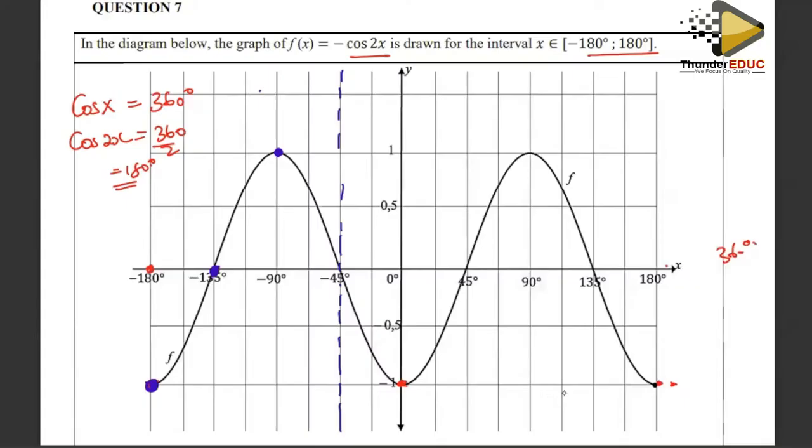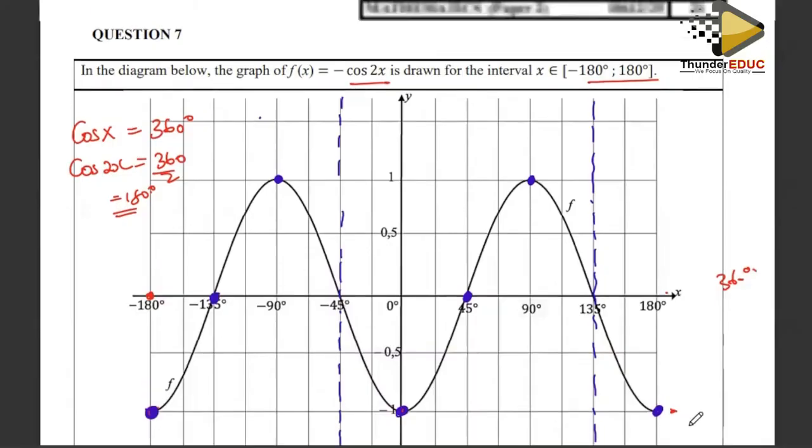Then 0 is -1, and 45 is 0. Then 90 is 1, and 135 is an error, which is an asymptote as well. Then lastly, 180 is -1.